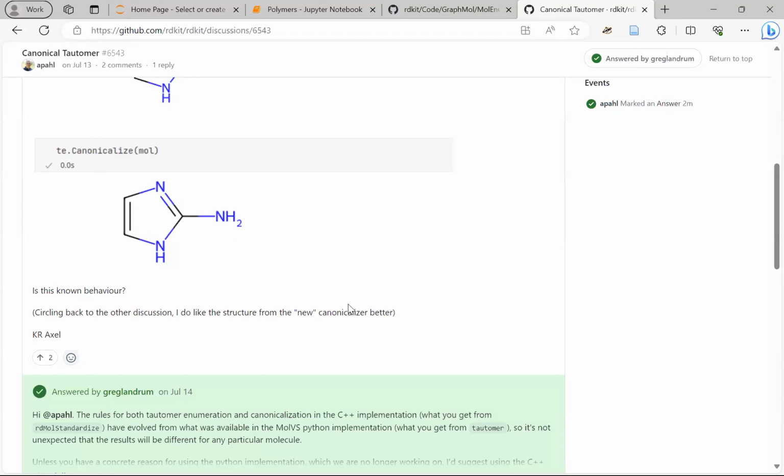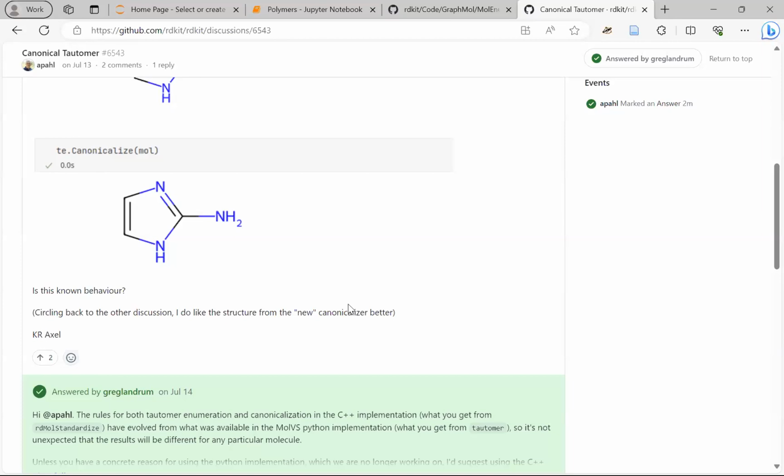Because Susan may remember when Susan did the actual port of MolVS to the RDKit back in the day. And she may remember when she was doing this, I said, I don't want to do the canonical tautomer thing because I know it's just going to lead to arguments. And then eventually you changed my mind and we did it and now it's there and we can keep improving it.